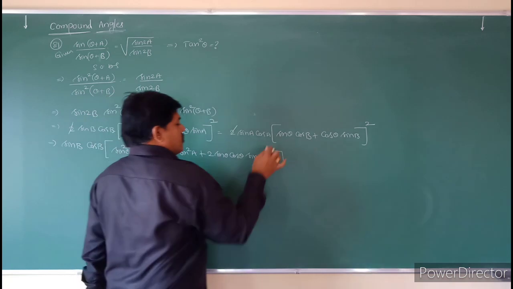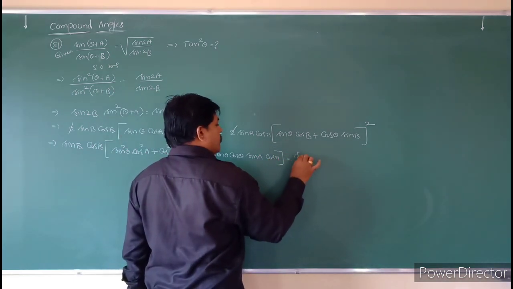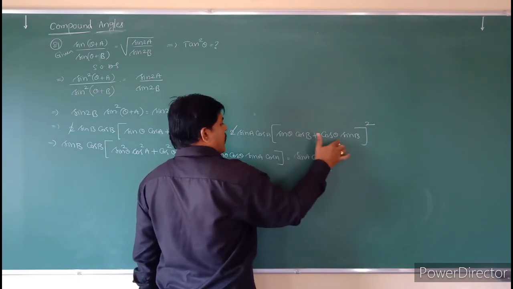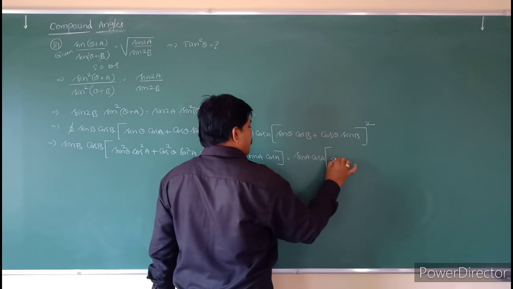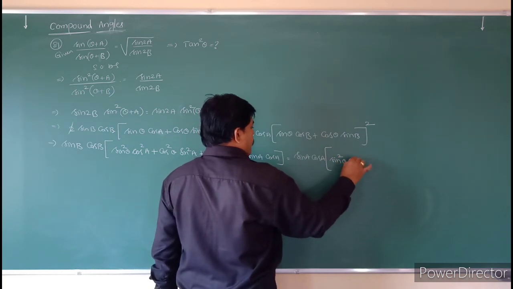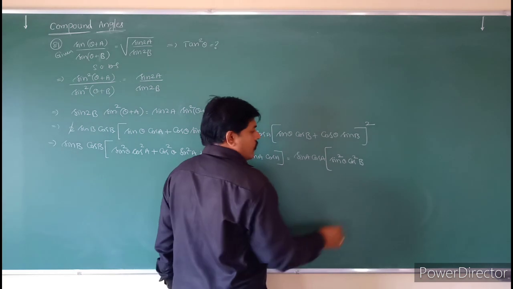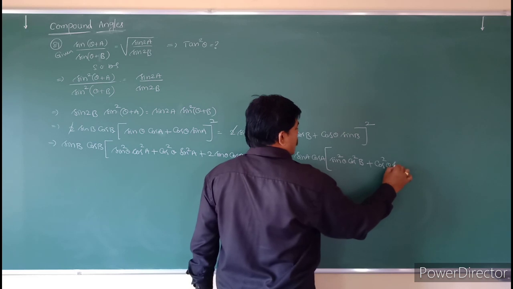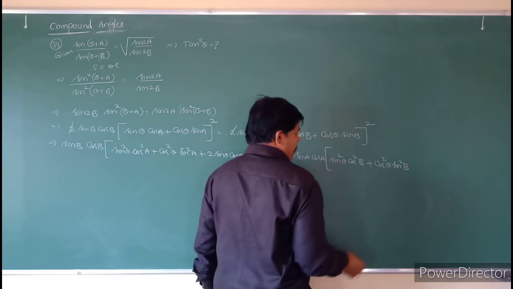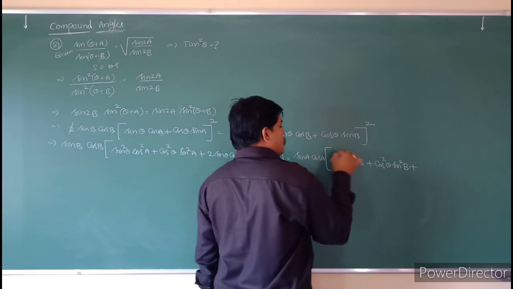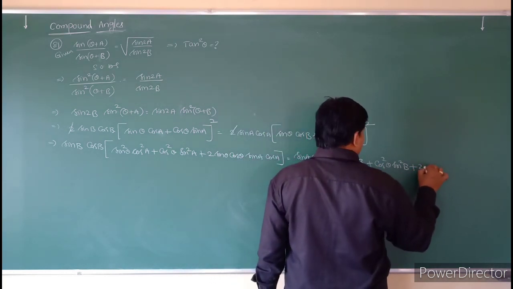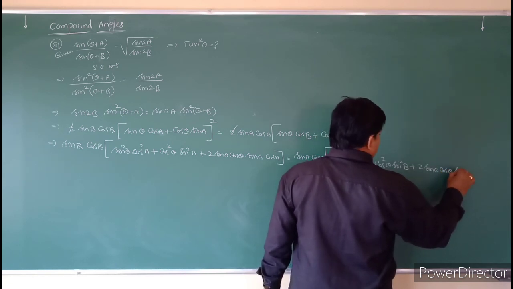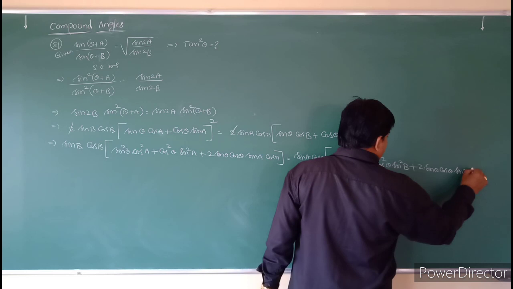Similarly, expand this value also. What is that? That is equal to sin a cos a plus b whole square. (a + b) whole square is nothing but a square plus b square. b square is nothing but cos square θ into sin square b, plus 2ab, which is 2 sin θ cos θ sin b cos b.